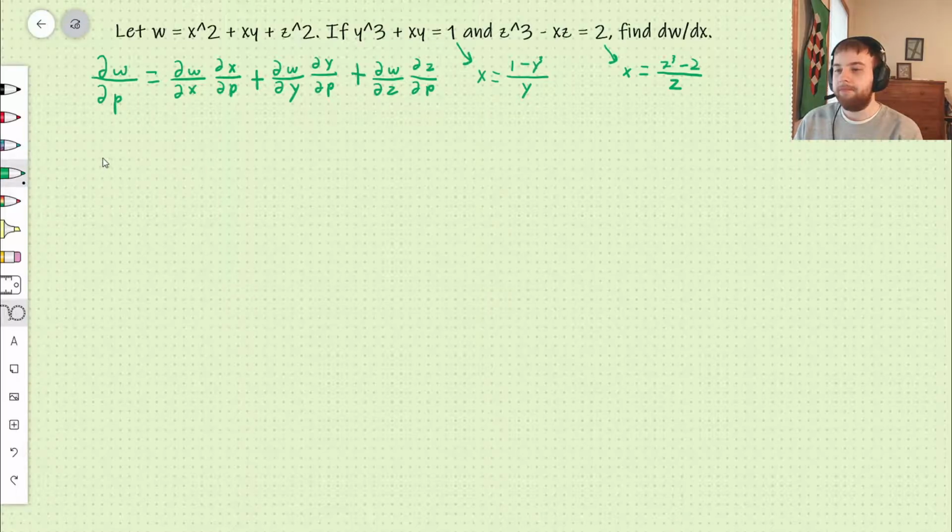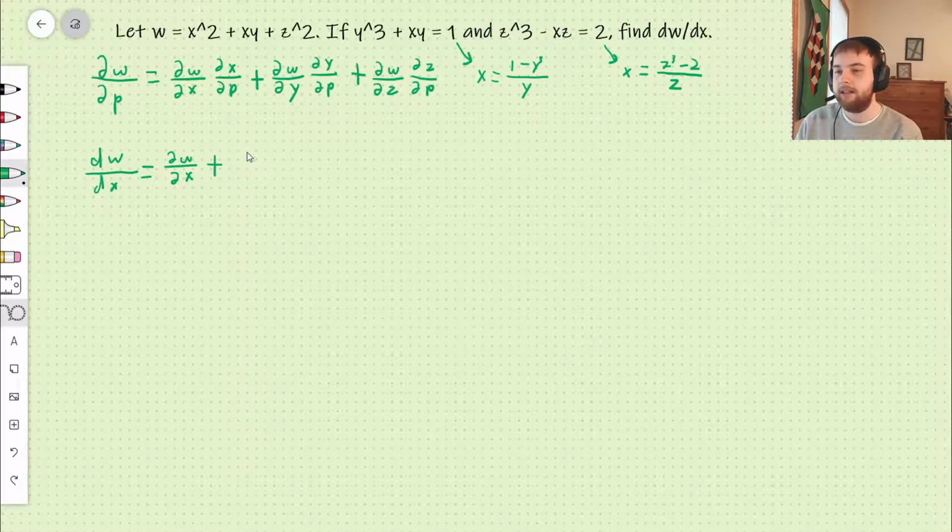So first we're going to rewrite this, since we want dw/dx. We just plug in an x anywhere where we see the variable p in this formula. So we get partial w partial x, and then partial x over partial x is 1, so we don't need to write that down since it's multiplied.